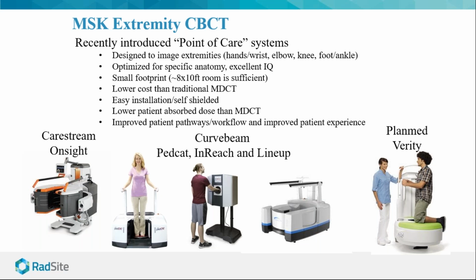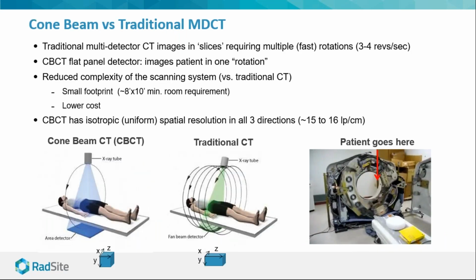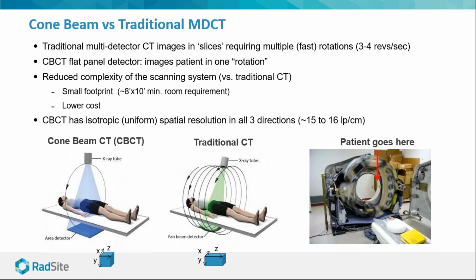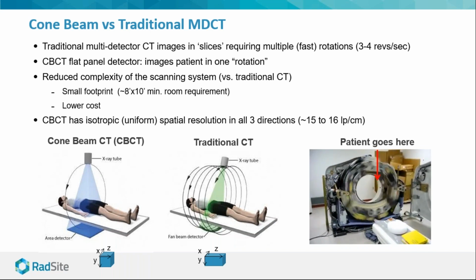There are 3 main companies with products on the market. There's Carestream, the one I work for, Curvebeam, and PlanMed. And they all have similar type systems, designed specifically for extremities. So what's the difference between these systems and traditional MDCT?